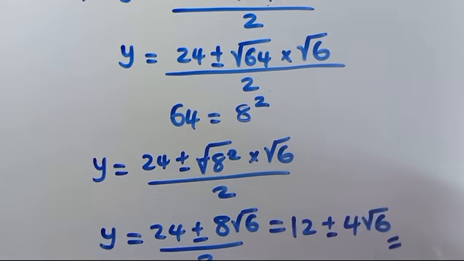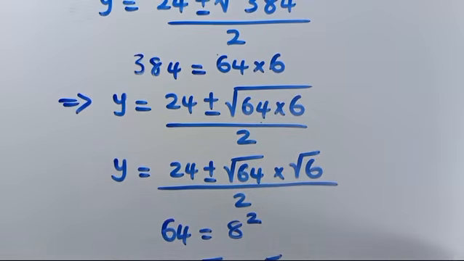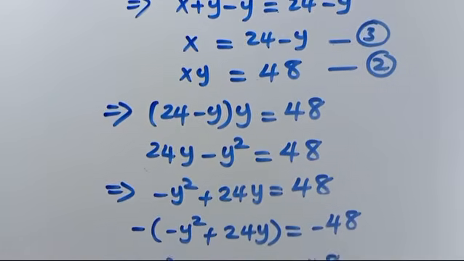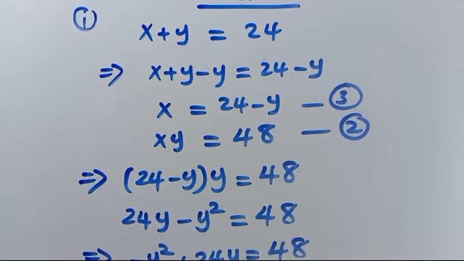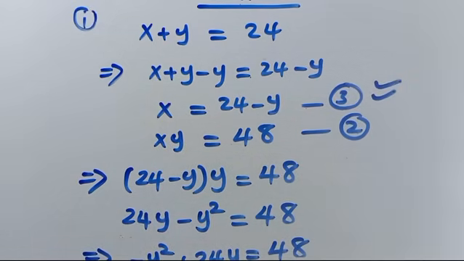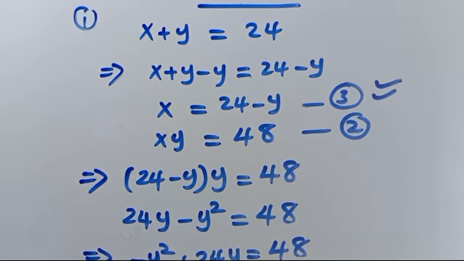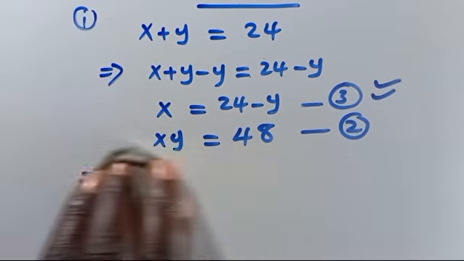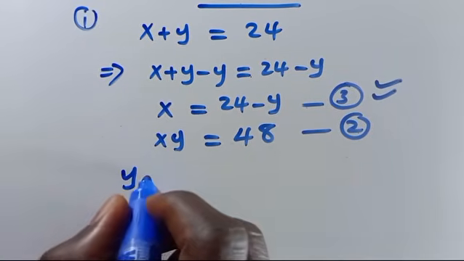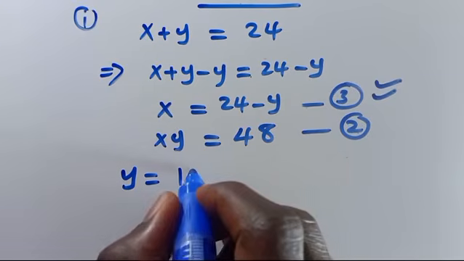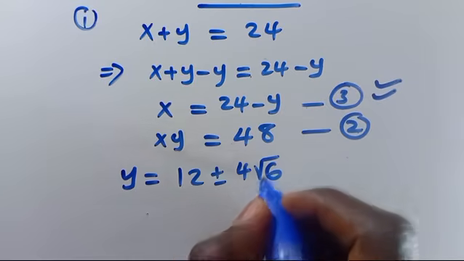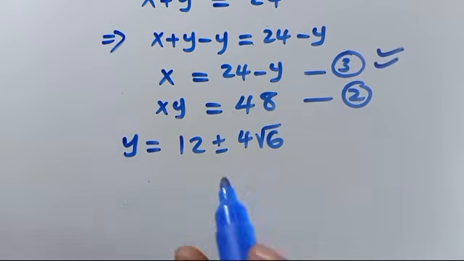Then let us now recall from equation 3. Now we have the value of y to be 12 positive or negative 4 root 6, and we said x equals 24 minus y.